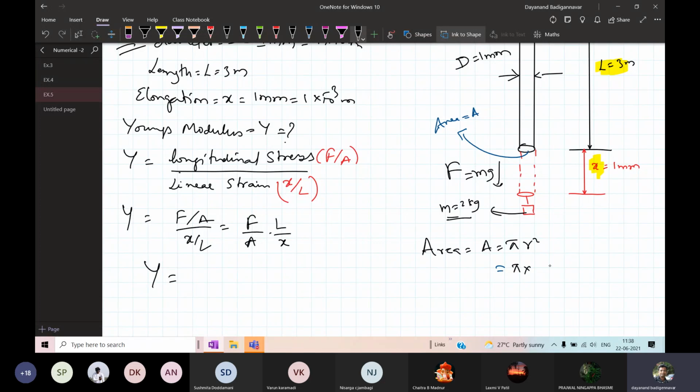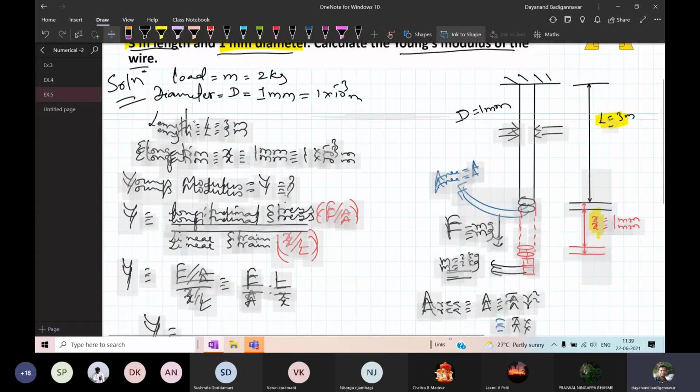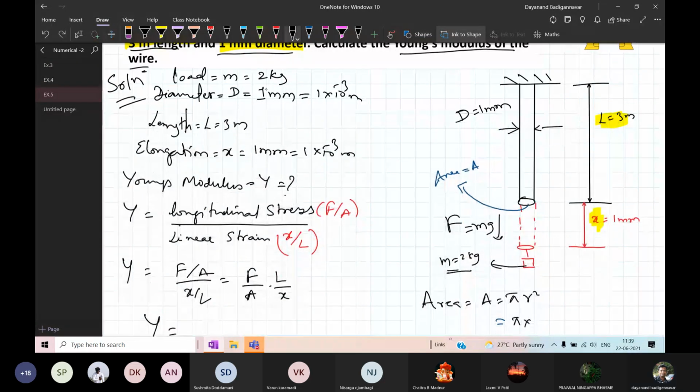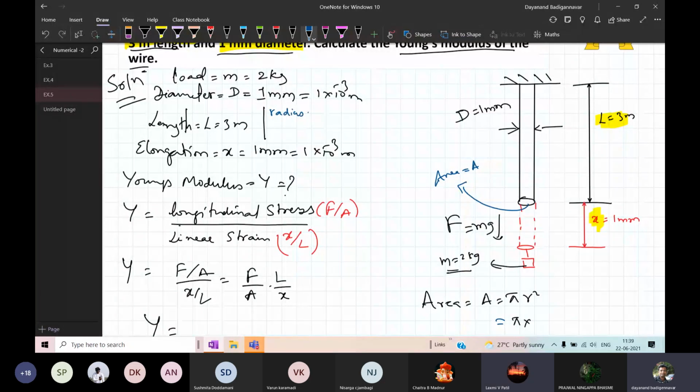So pi into r. The diameter is 1 mm, so I can write the radius here itself. Radius r is equal to d by 2, so it is 1 by 2 mm, which is 0.5 mm.